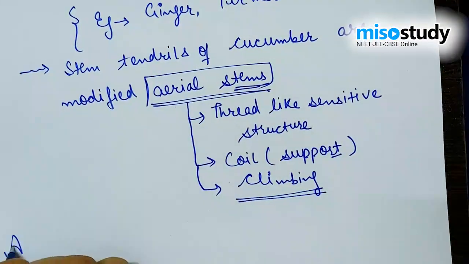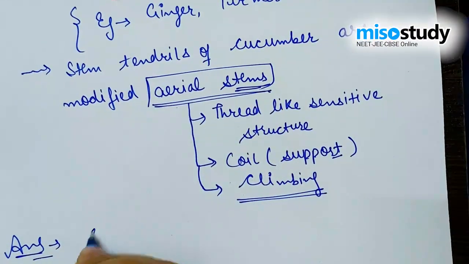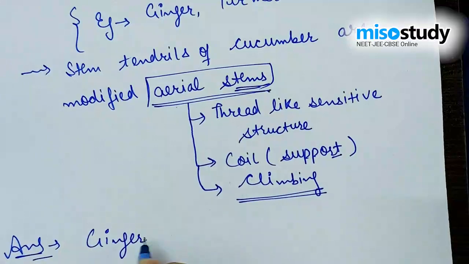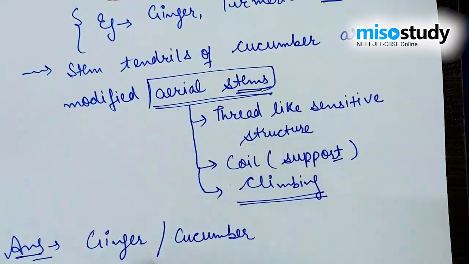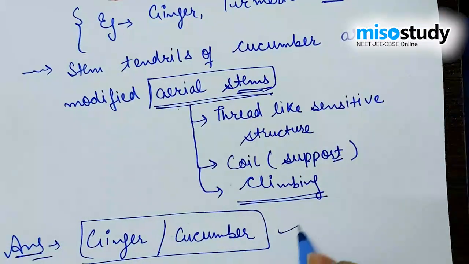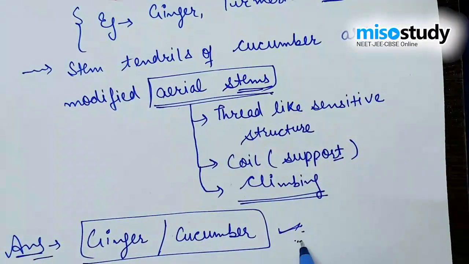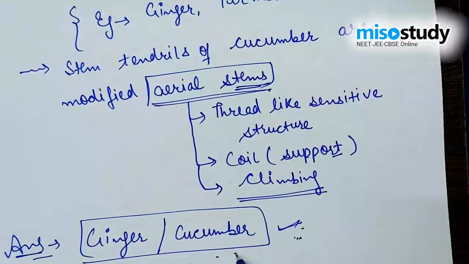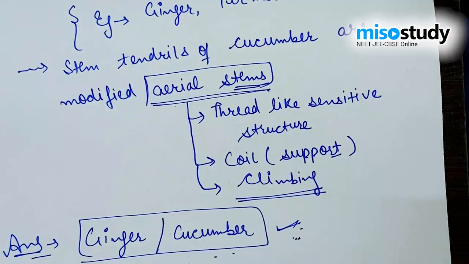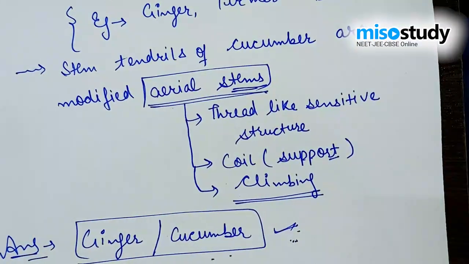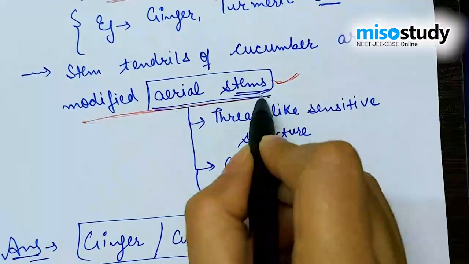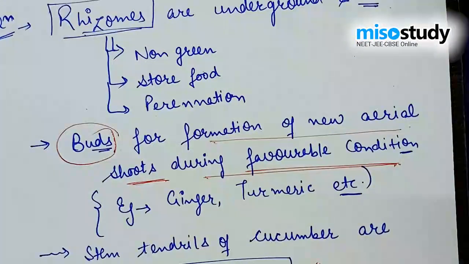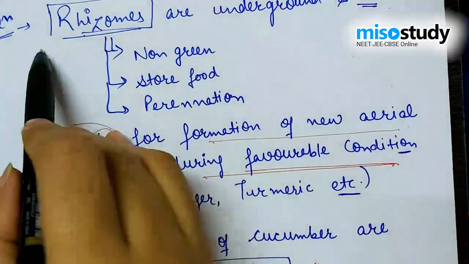So according to the discussion, ginger and cucumber are modified parts of stem which store food, and we take both of them in our day-to-day life, in which cucumber is a part of modified aerial stem and ginger is a part of rhizomes.